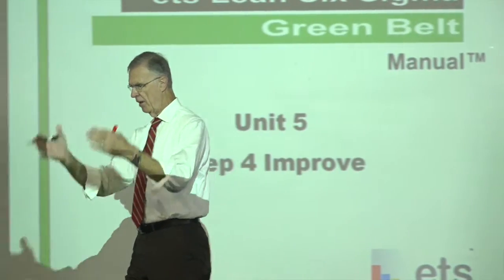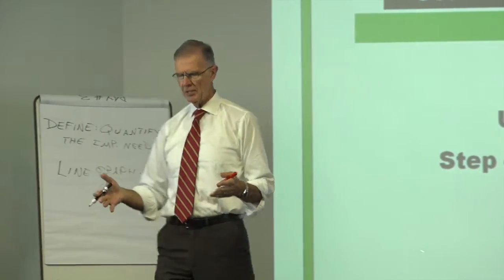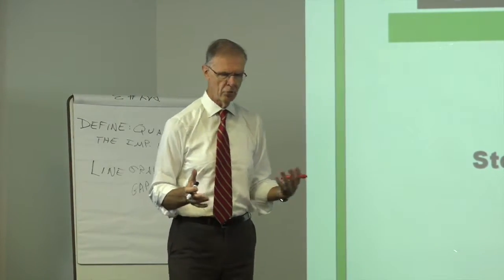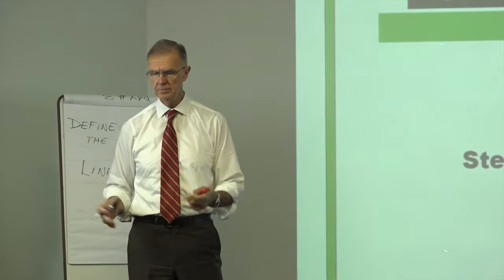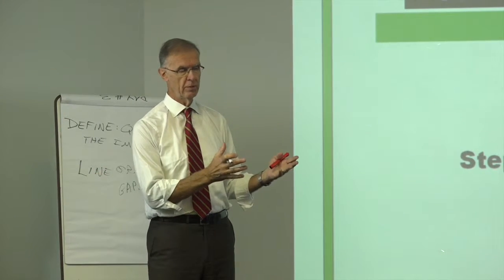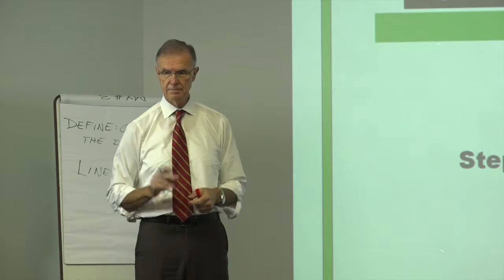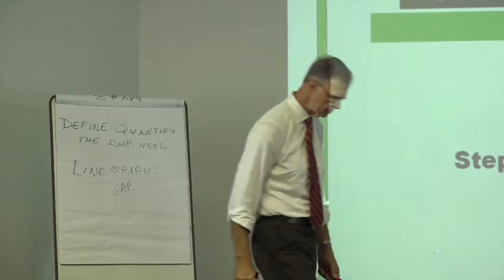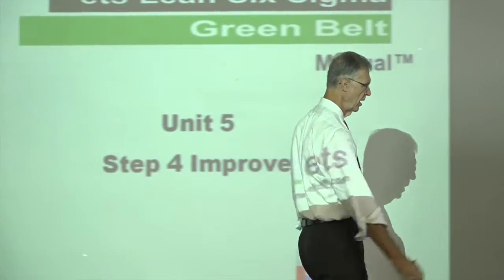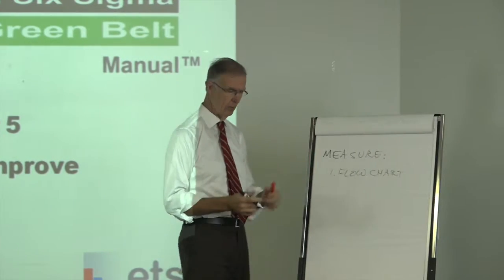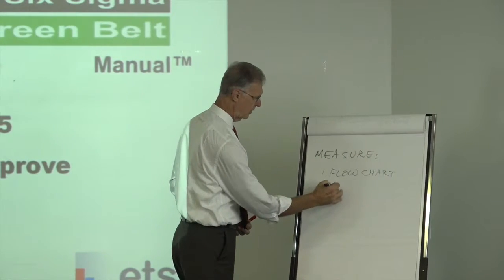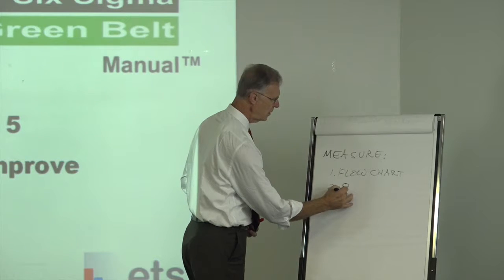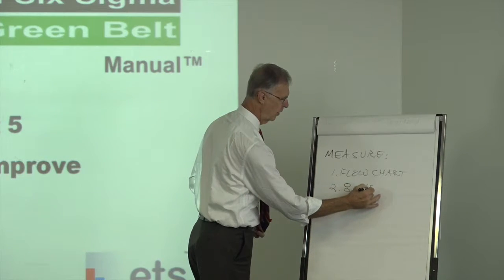Now that we've flowed the process out and we want to start identifying opportunities for improvement and potential waste, what would be a tool we might want to consider next? 8 wastes. Okay, so that'll be one of the lean tools we take from the toolbox, and we utilize the 8 wastes.